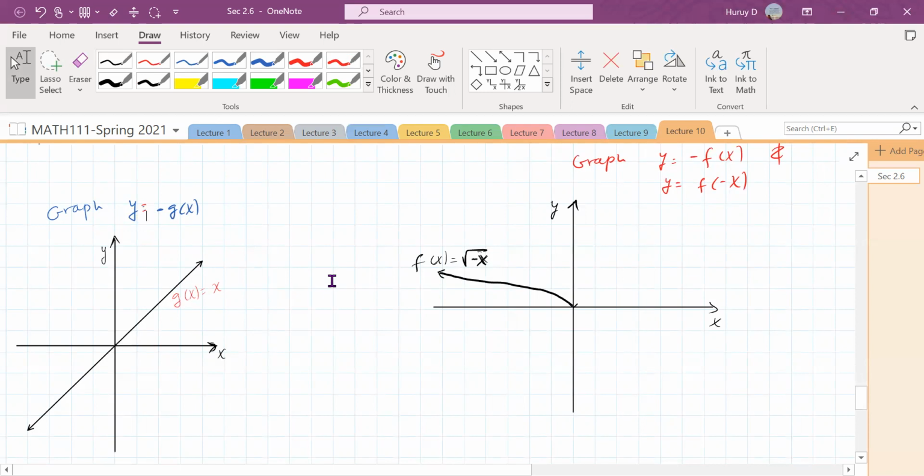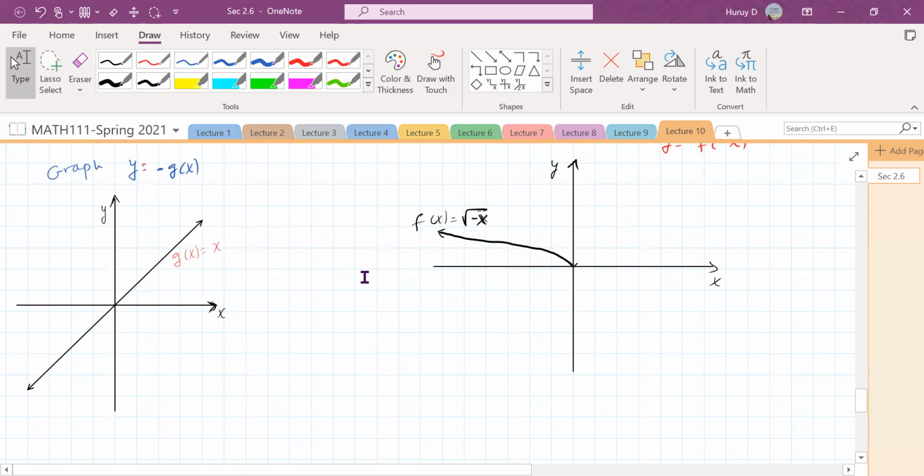And if the negative is inside, the reflection becomes along the y-axis. So in this case, since the negative is outside, the reflection will be along the x-axis. Now, how do we reflect this one? For example, if I consider the right side, this part, if we reflect it across the x-axis, then it will look like something like this.